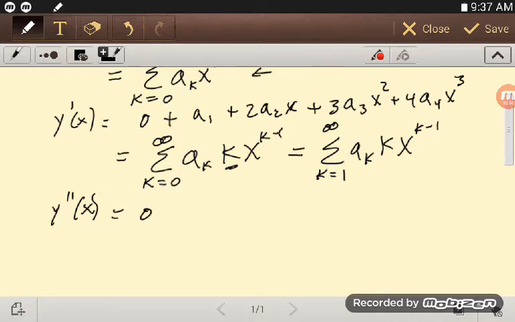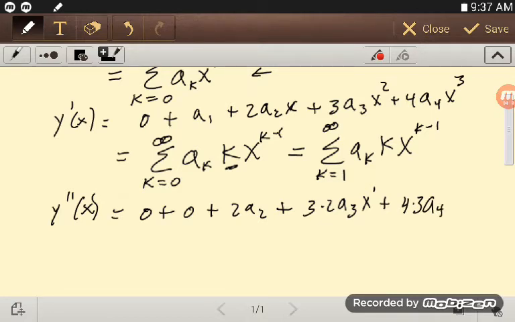Well, I would still have that 0, but then I would get that 0 plus 2a2 plus 3 times 2 a3 x to the 1 plus 4 times 3, or 12, a sub 4 x squared plus dot dot dot.